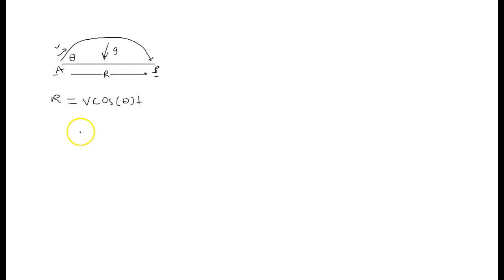The equation for range is v times cosine theta times t, where v is velocity and t is time. The first thing we're going to do is swap the t for time out. There's an equation for time, t equals 2v sine theta over g.